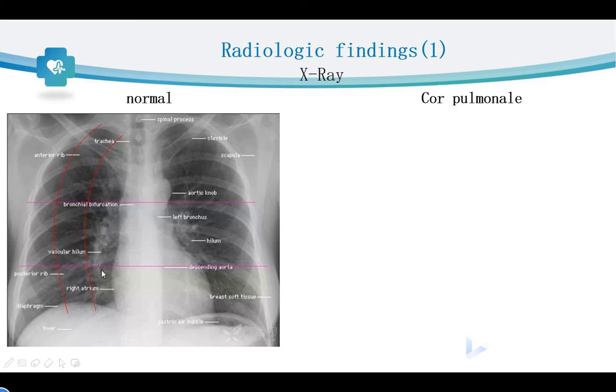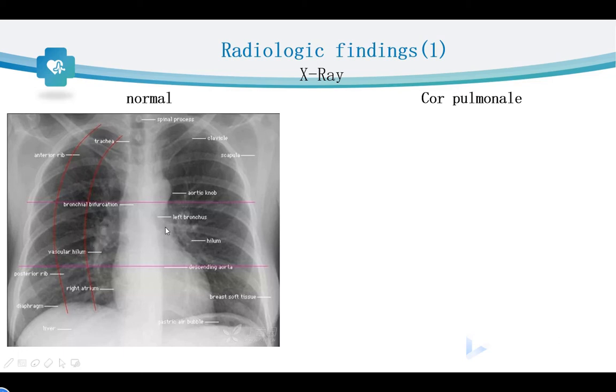In normal condition, the lung markings can be found in every area of the lungs, but is predominant in the median internal area.